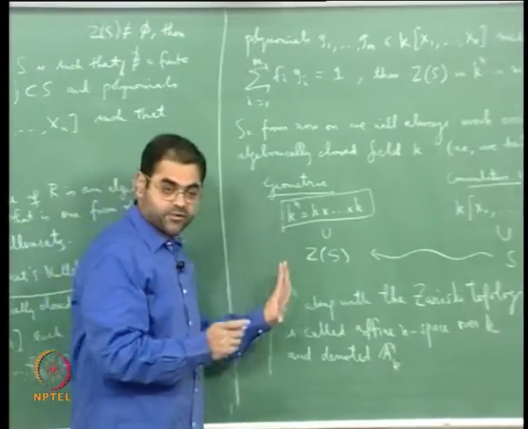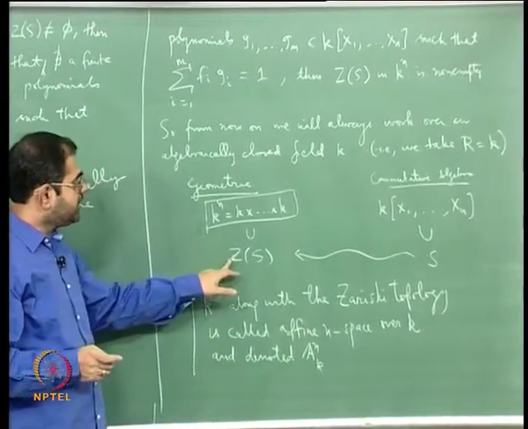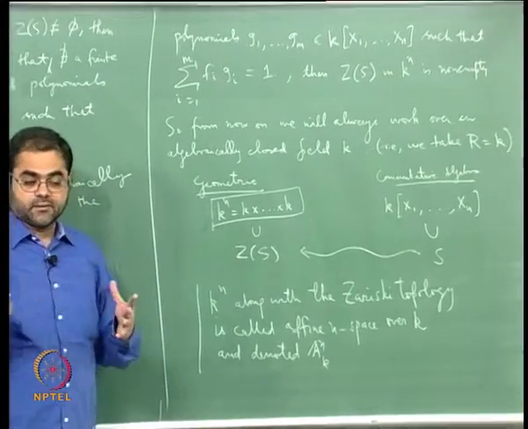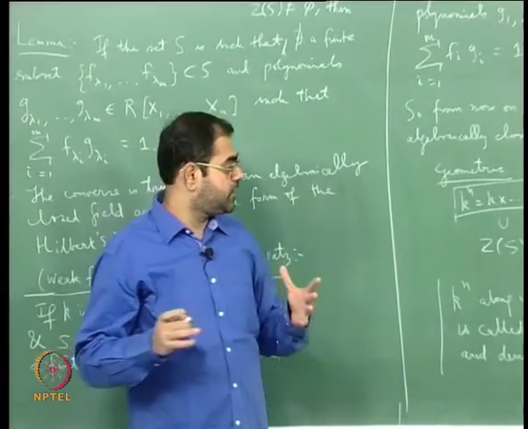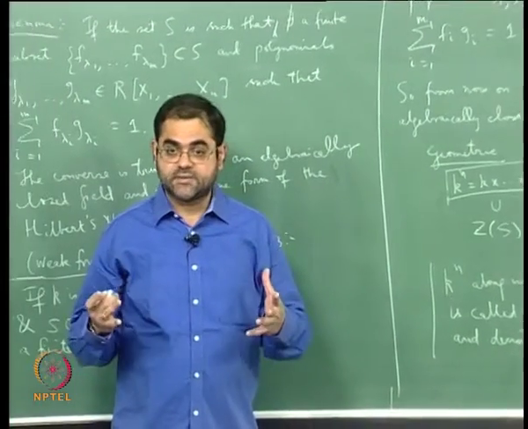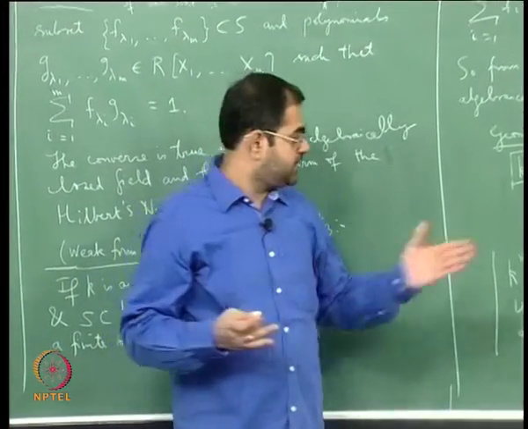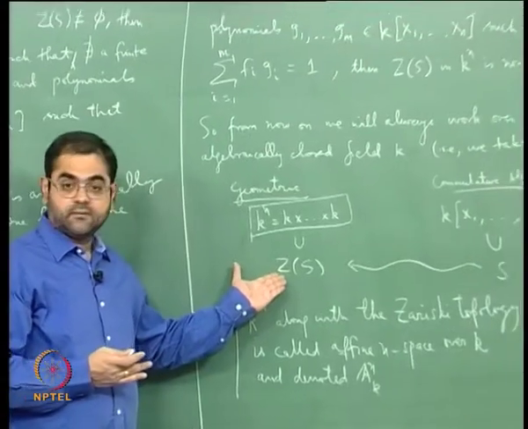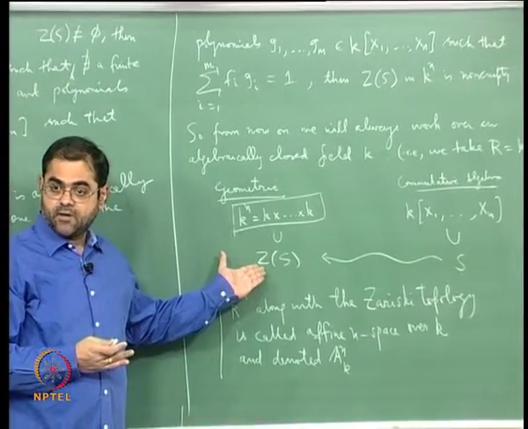I told you that the Zariski topology is declared by declaring certain subsets as closed sets, and these subsets are the loci of zeros of a bunch of polynomials.